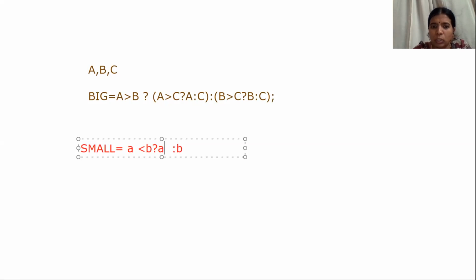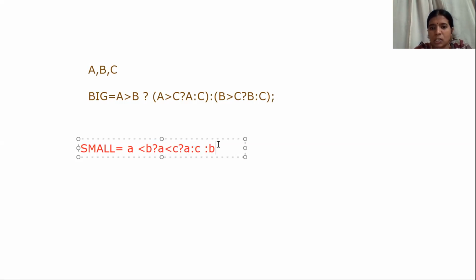So now, when you know that A is smaller, compare the smaller element with C because you have to decide among three numbers and the third number is C. The answer is either A or C. Now, this part I'm highlighting happens only when A is smaller.